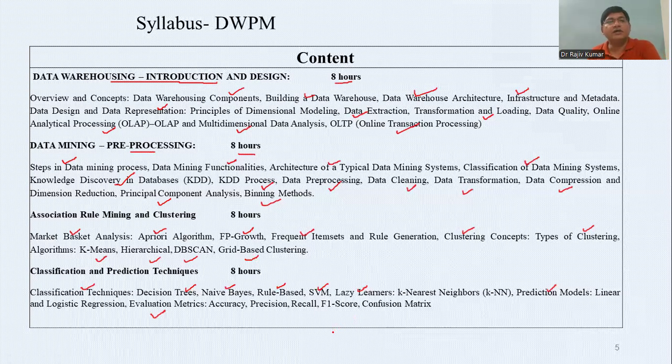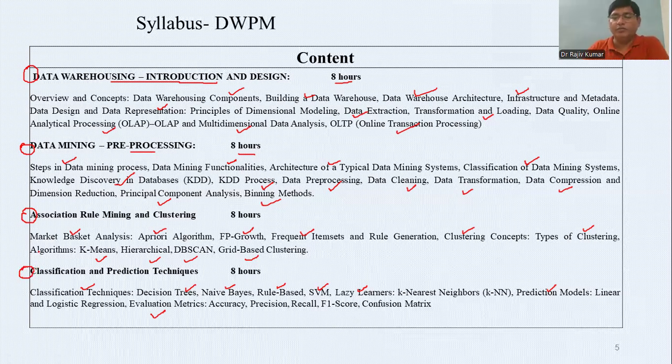So this is the broad overview of the syllabus of data warehousing and predictive modeling. In this, we will discuss data warehousing first part, data mining second part, association rule mining and clustering third part, and classification and predictive techniques fourth part.